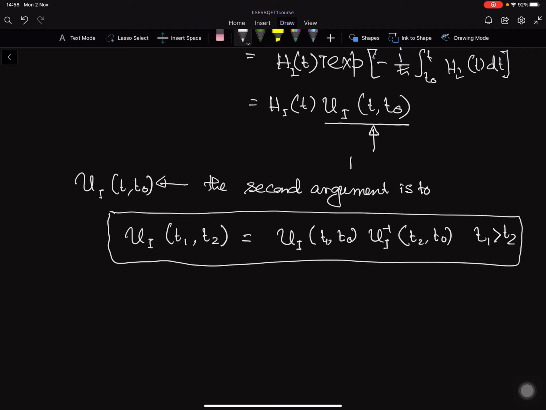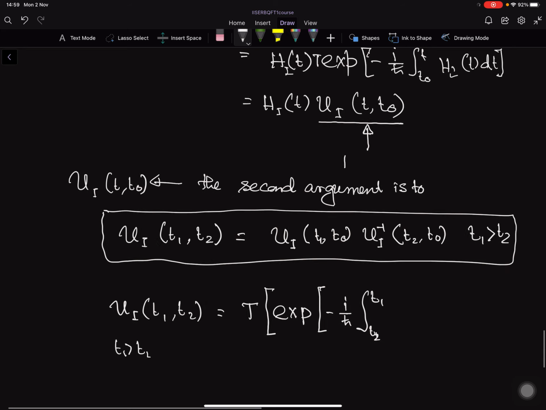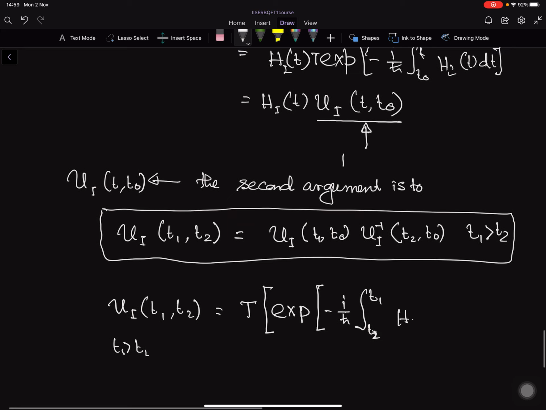But the bottom line is that in all these cases, you can write down this expression of ui(t1, t2) as a time ordered exponential of minus i over h bar, integral from t2 to t1, where t1 is greater than t2, of Hi(t) dt.